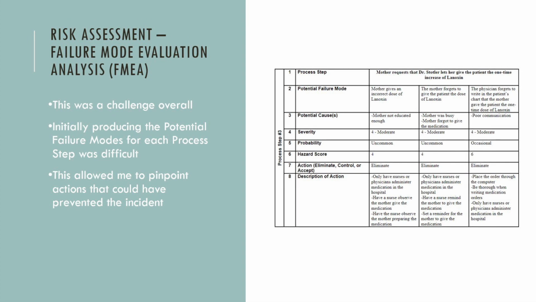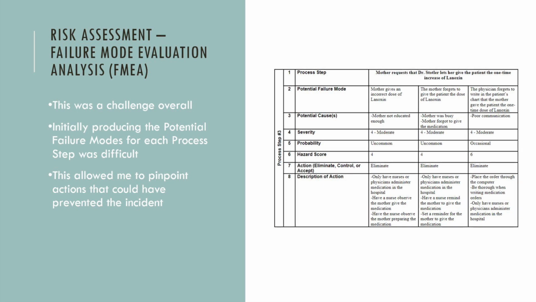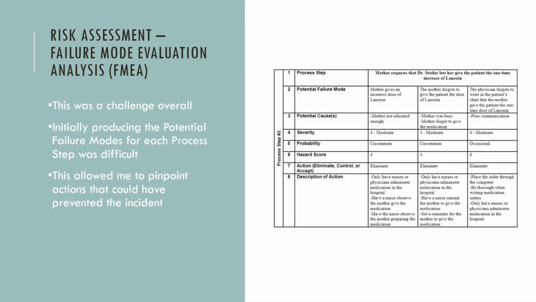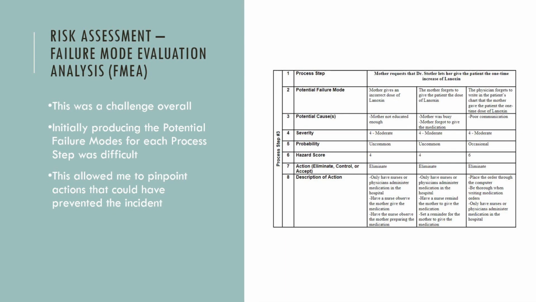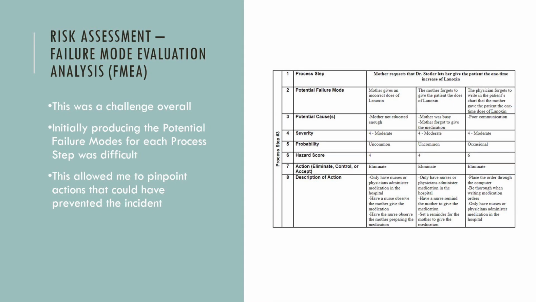I could come up with maybe 1 or 2, and then that third one was really pushing me to think outside the box, which was good because sometimes it can be hard to find those areas where something may happen that you might not think of. That really pushed me outside my comfort zone, and that was nice.